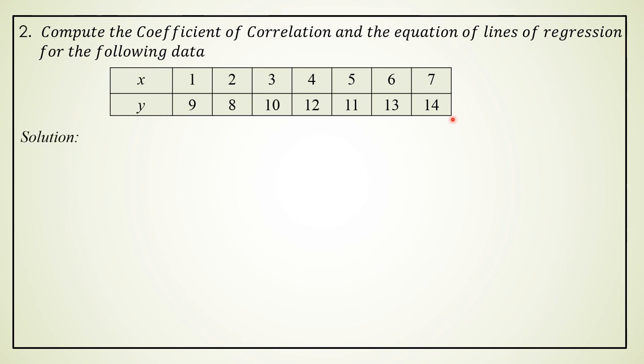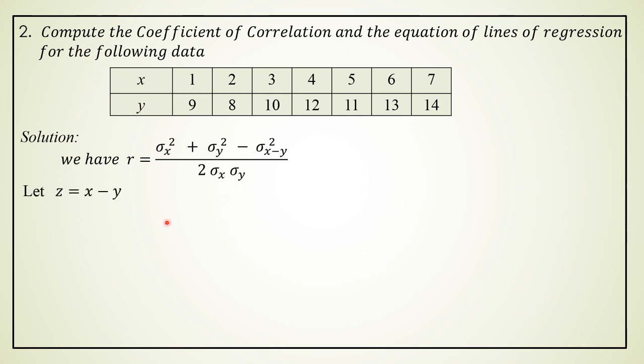Over here I am going to compute the coefficient of correlation using the formula R is equal to sigma x square plus sigma y square minus sigma z square divided by 2 sigma x into sigma y.